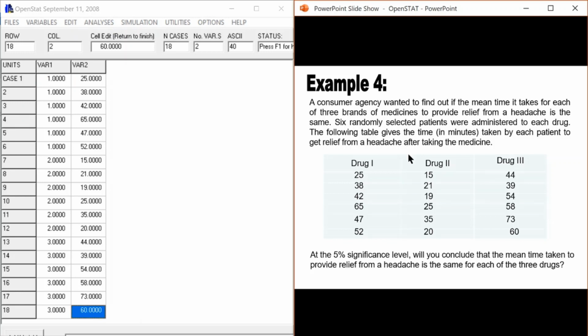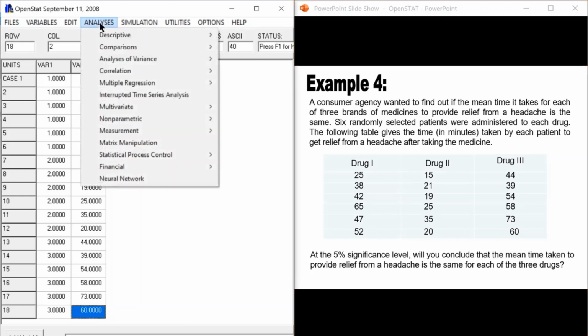In this example, you have to key in the values into OpenStat this way. One of the variables will be the drug, and the other variable is the time.